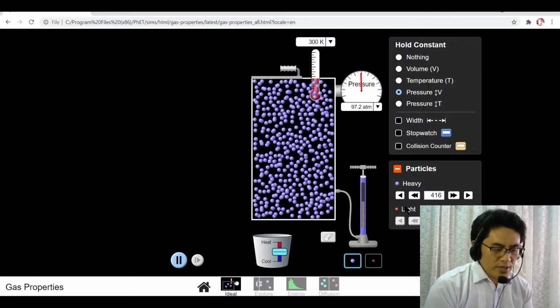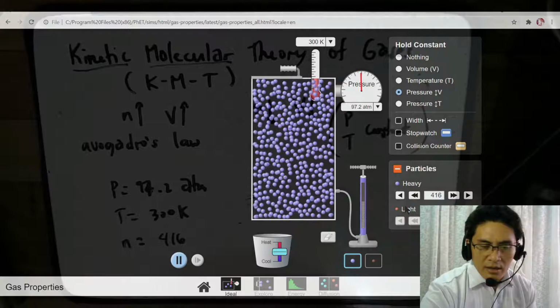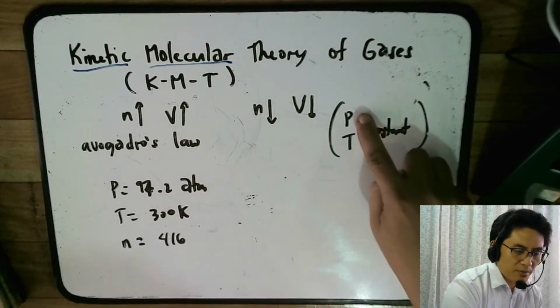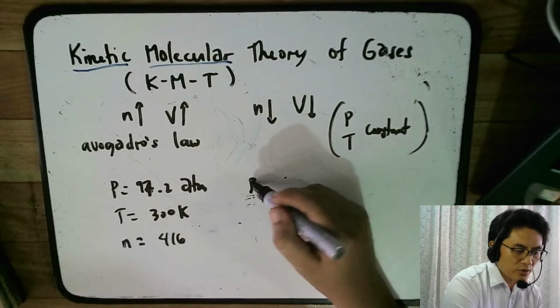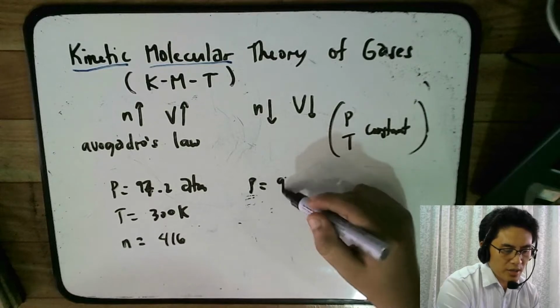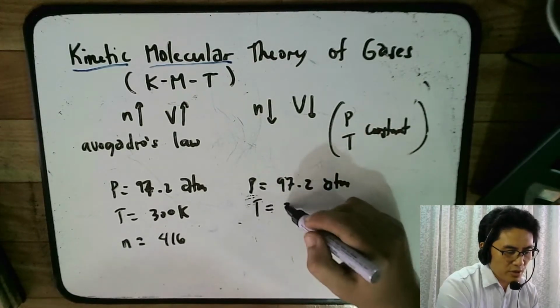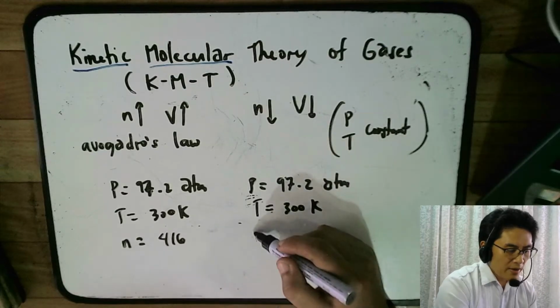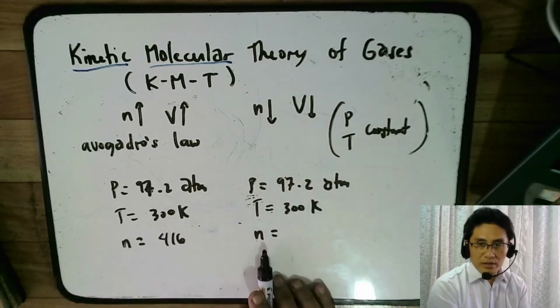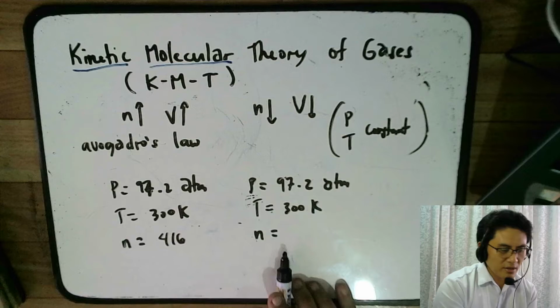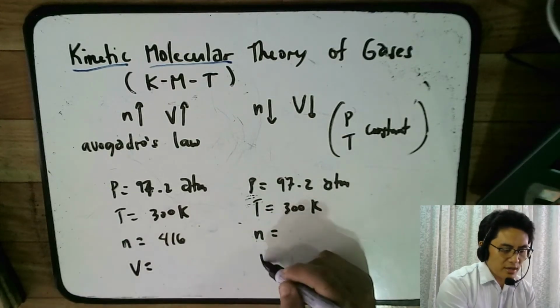Remember, in Avogadro's law, we have to keep the pressure and temperature constant. So we keep the pressure at 97.2 atm and the temperature at 300 Kelvin, and then we change the number of particles and look at the volume.